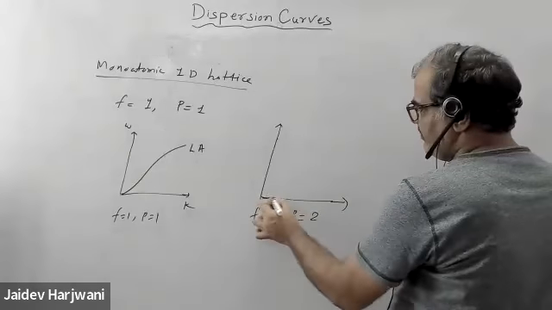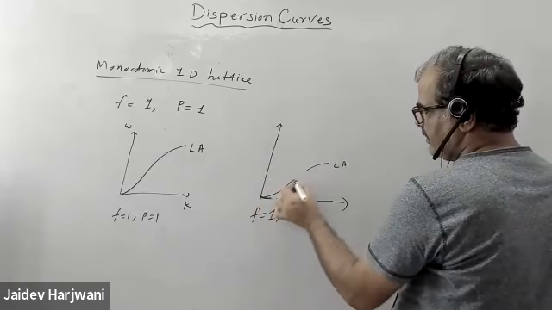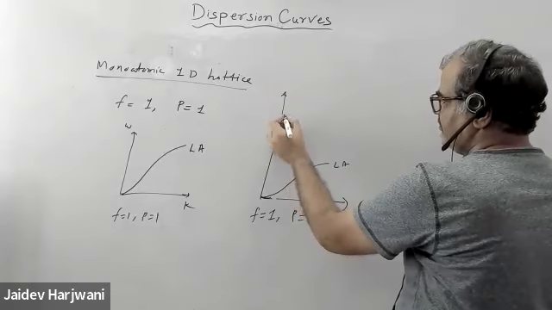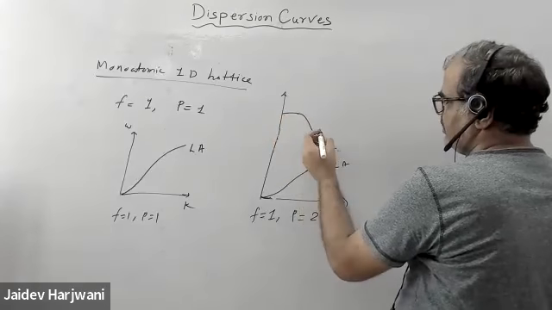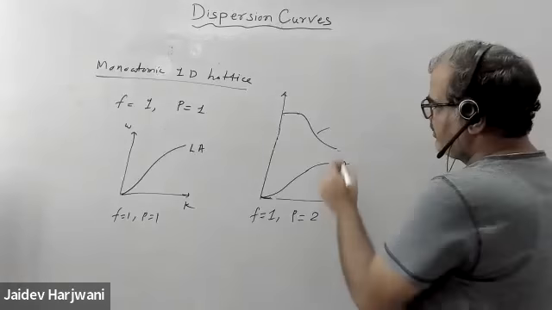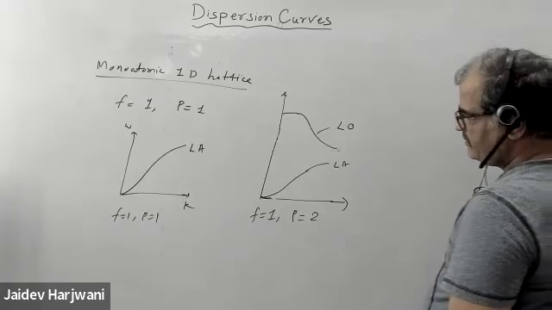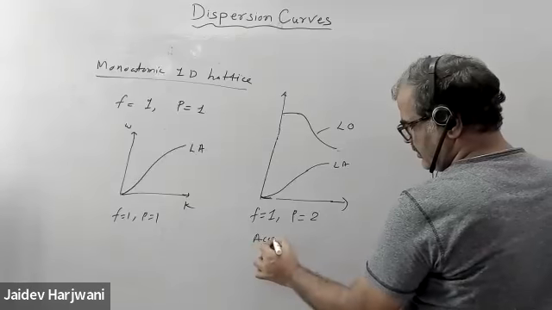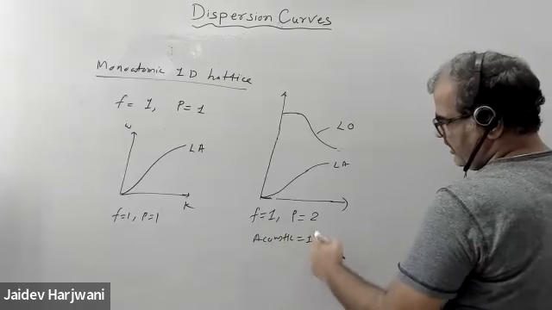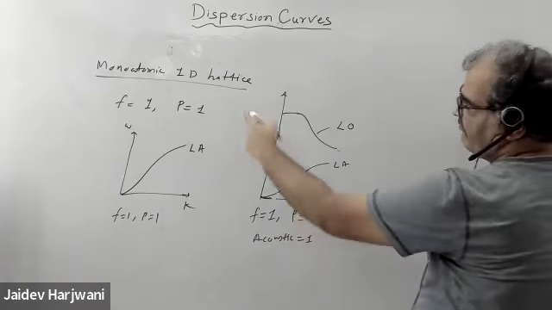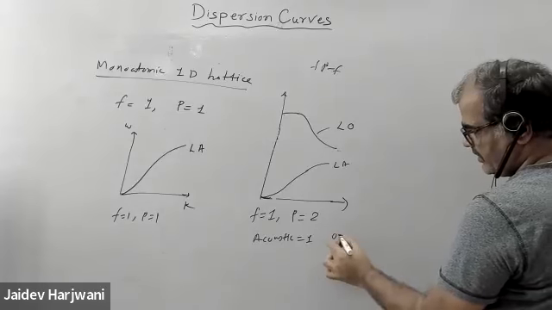Out of these, one will be the longitudinal acoustic, the same branch, and the other will be this way, the longitudinal optical branch. So you will have one acoustic, and because fp is 2, fp minus f, that is 2 minus 1, the remaining will be optical.